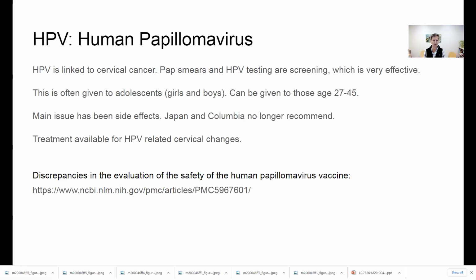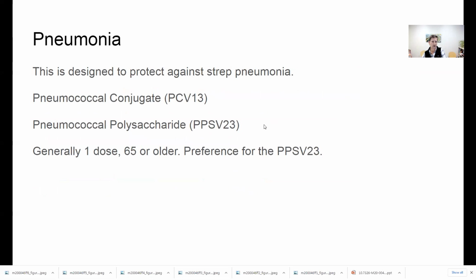So I would say this is one of those vaccines that necessitates just having a conversation and weighing risk and benefit between you and your provider, and your family, who it would relate to. So that's a bit on HPV.